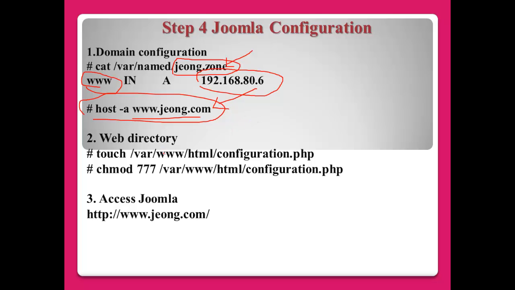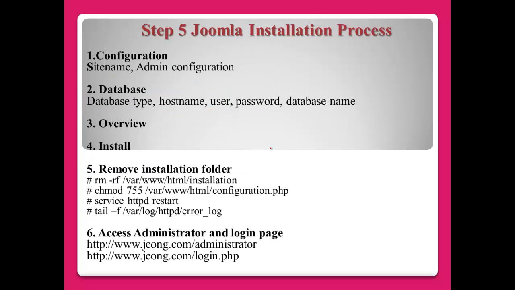And after that, create the configuration file using the touch command. And after that, change the permission to 777. And after that, access it using the browser like this, using your domain. If you are successful in accessing the URL using the browser, then you need to configure like this.